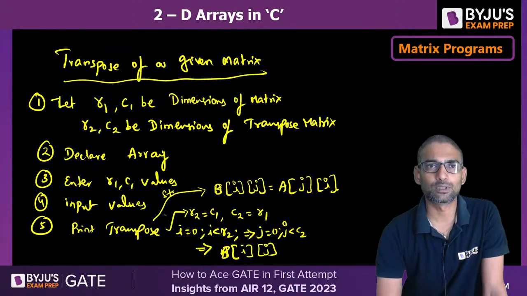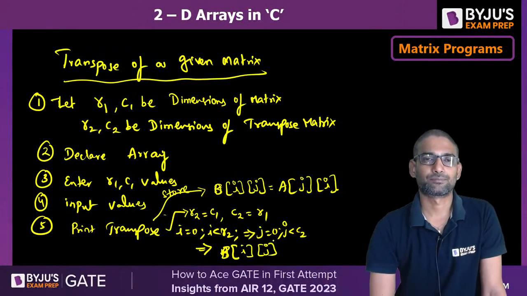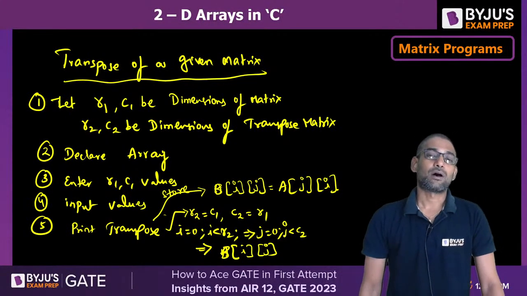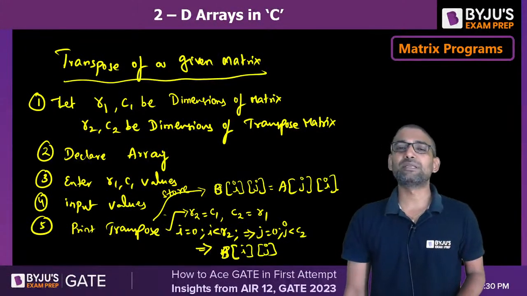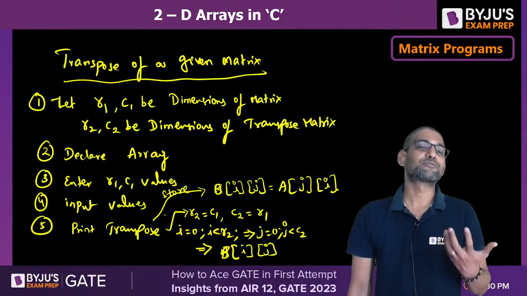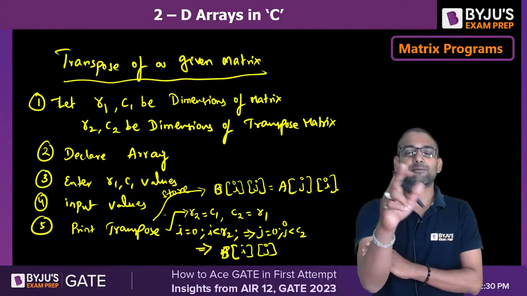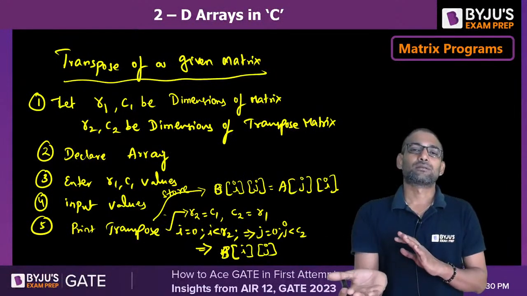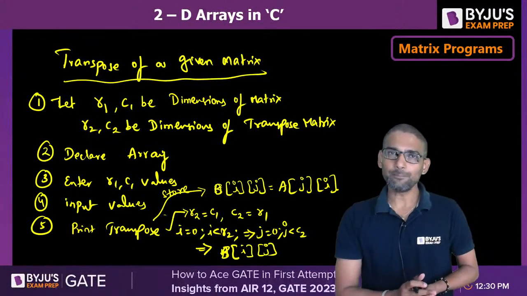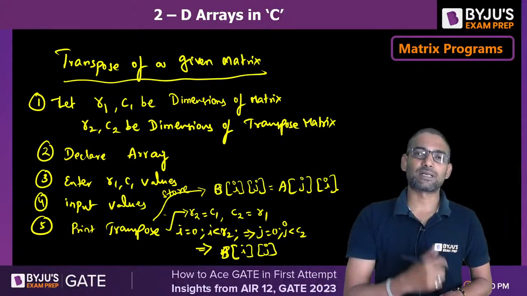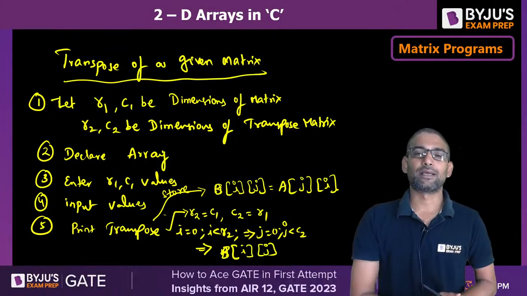Store the transpose matrix first, then print separately. Because it can't always be a square matrix. The number of rows and number of columns can't always be the same, still you can find the transpose matrix. That is the reason why, to print, I am first assigning C1 to R2, R1 to C2. So keep this as reference and start coding, try executing.